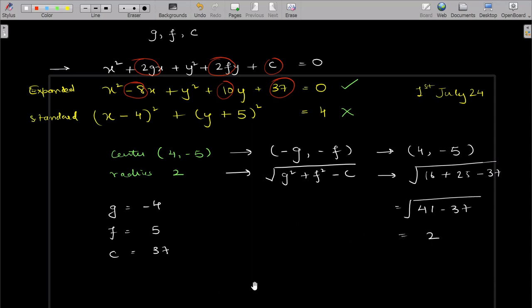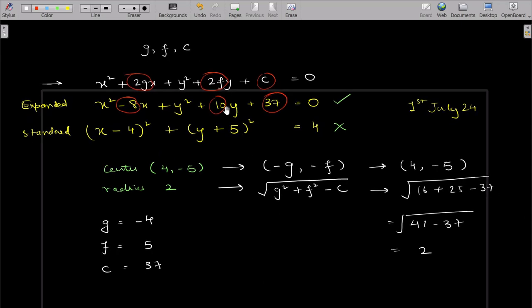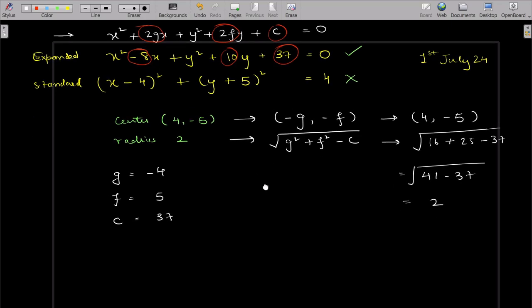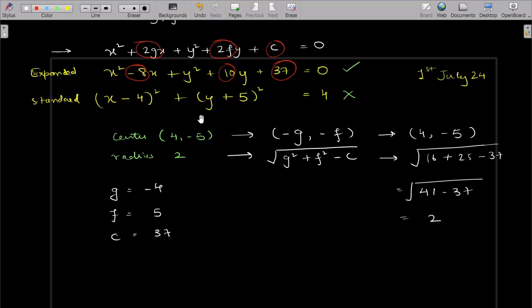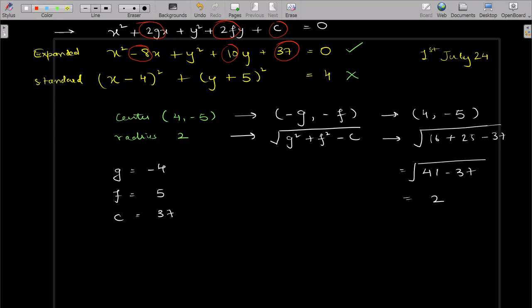Okay, did you understand this method? Yes. So you need to remember this equation, x square plus 2gx plus y square plus 2fy plus c. Also, even if you don't remember this equation, just do one thing.